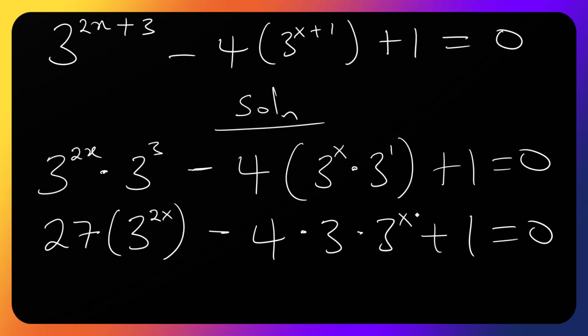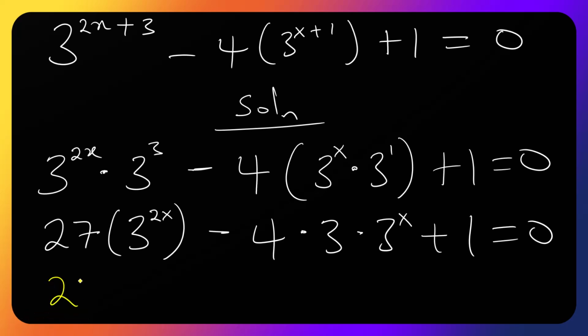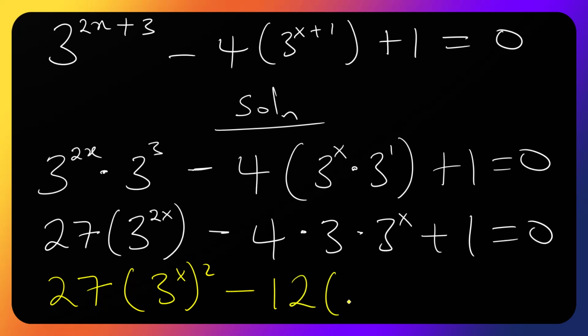Now let's bring the 2 out, the power, so that will be 27 times 3 to the power of x squared, and this side will be minus 12, 3 to the power of x plus 1 equal to 0.